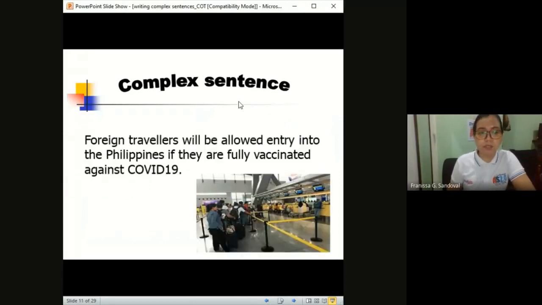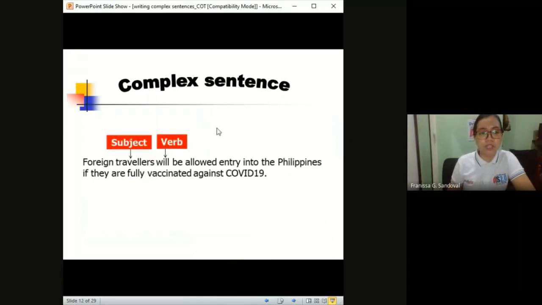Another example. Complex sentence. Foreign travelers will be allowed entry into the Philippines if they are fully vaccinated against COVID-19. Which do you think is the independent clause? Okay, let's see.